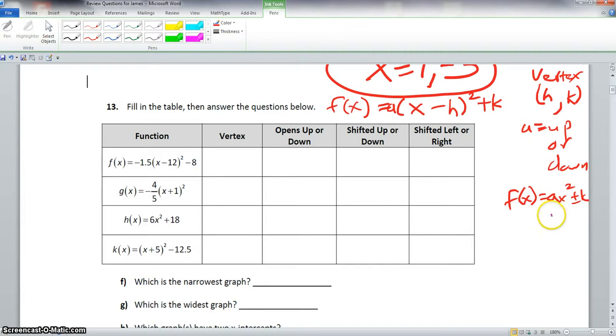What happens here is a still represents the same thing, but k represents whether the graph shifts up or down. If k is positive, the graph will shift up. And if k is negative, the graph will shift down.